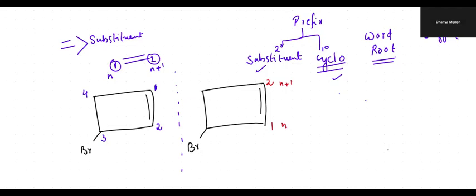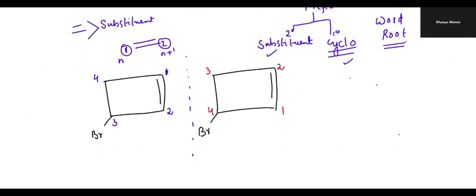Here it will be 4. Okay, now, which is a better numbering here? Definitely here, the double bond is in the first position, and the substituent is in the third position. Here the double bond is in the first position, and the substituent is in the fourth position. Definitely you will not go with this, you will go with this.